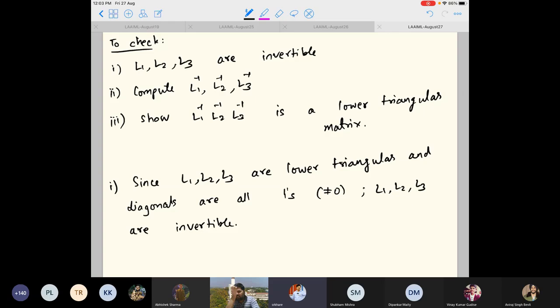Correct? So this first part you have shown, right? So now second part, you have to compute L1, L2, L3 inverses. Can you tell me what are the inverses of L1, L2, L3?